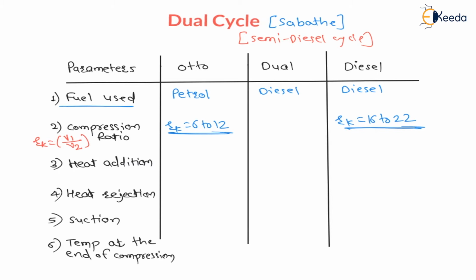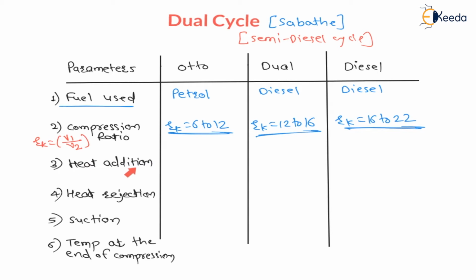For any comparison, the dual cycle is always in between the Otto and diesel cycles. That's why I have written the dual cycle in between Otto and diesel. So the compression ratio for the dual cycle is 12 to 16.